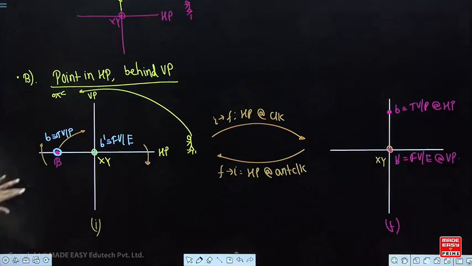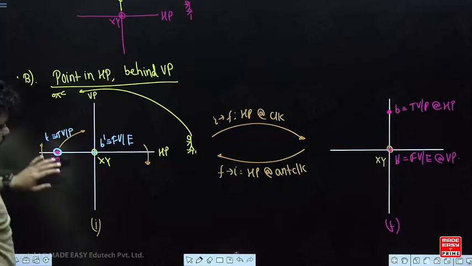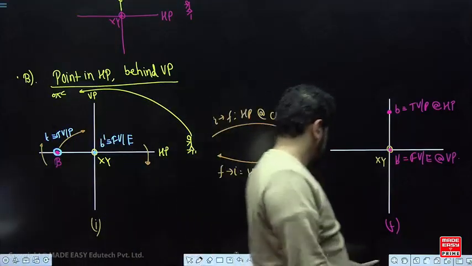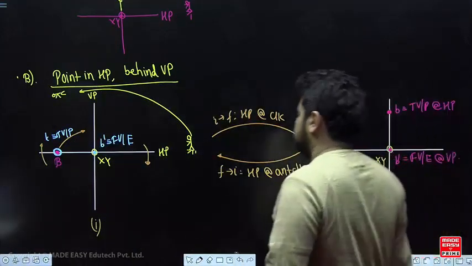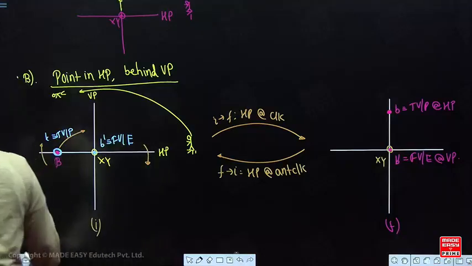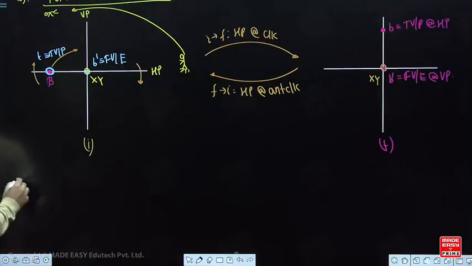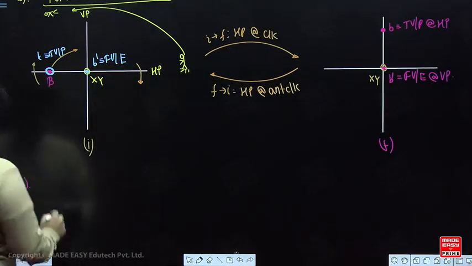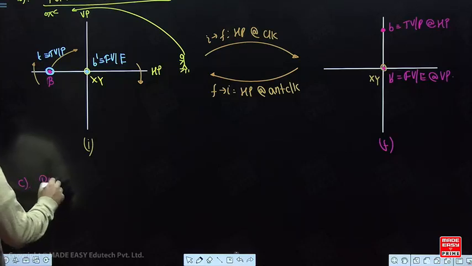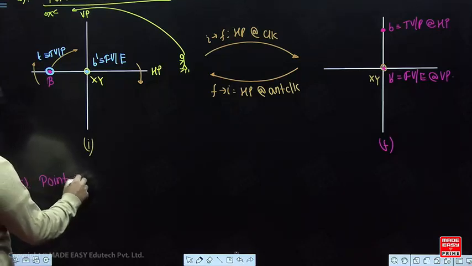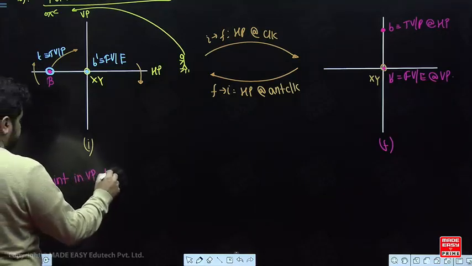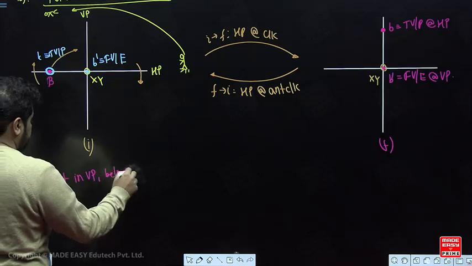Next, C, coming to point in VP below HP.